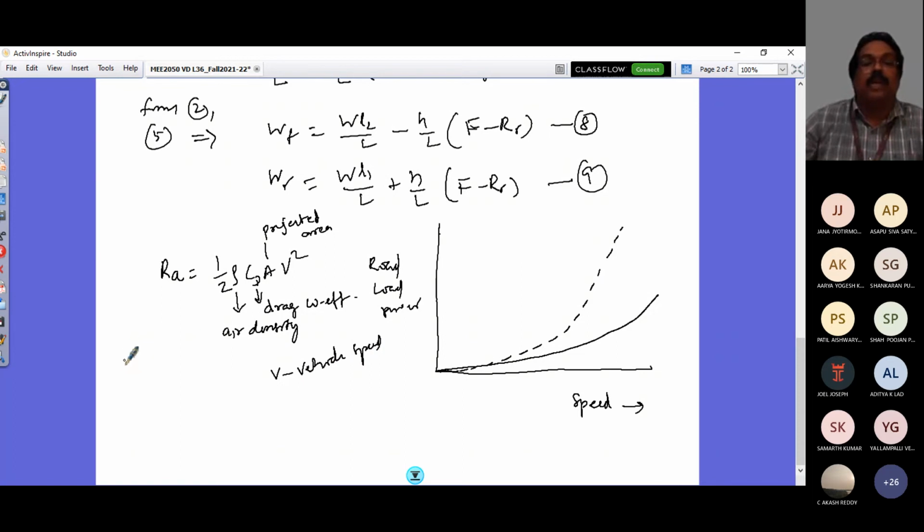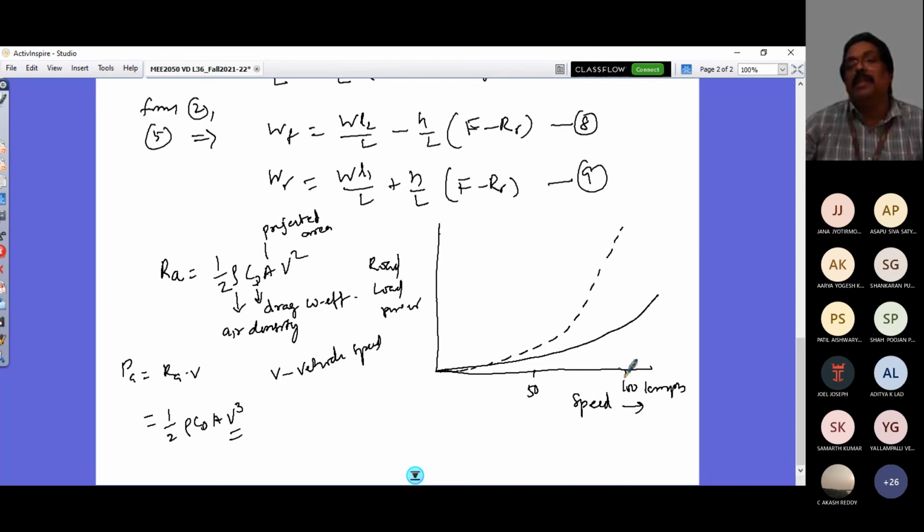So what is the power requirement to overcome aerodynamic resistance? It is RA times V. So that's going to be half rho CD A V cube. Look at now, if I have my vehicle driven, say here at 50 kilometers per hour and here at 100 kilometers per hour.